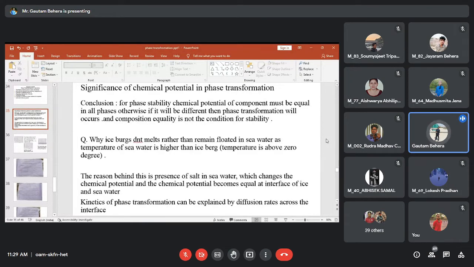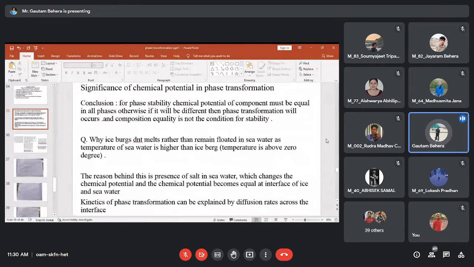Right? You have seen the Titanic movie, right? There is a collision between the Titanic ship and the icebergs, and failure occurs, and a lot of people died, and the ship also sank, right? Anyways, so the question is why these icebergs are not melting into the seawater. Again, the concept of chemical potential is coming here.